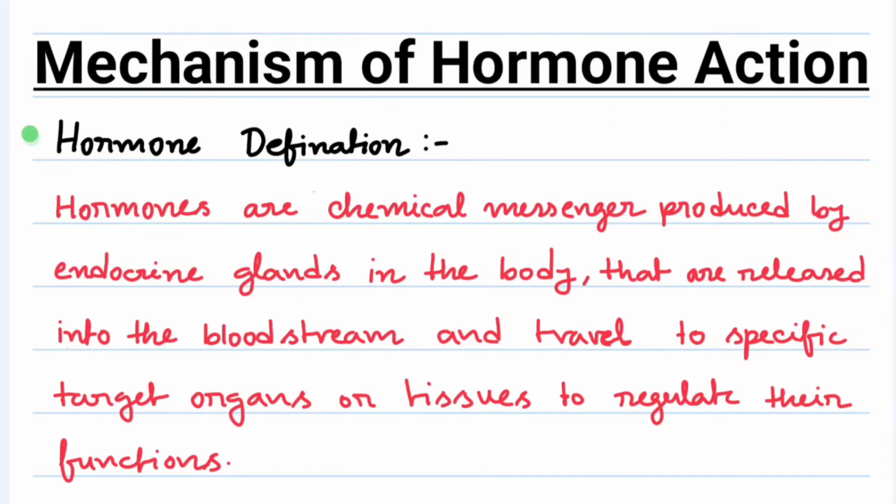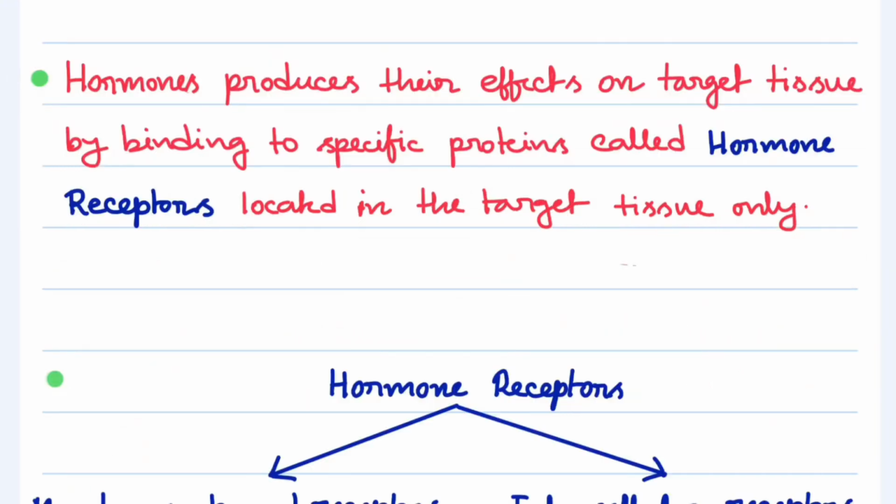Hormones control and coordinate many important processes in the body such as growth, metabolism, reproduction, mood, emotion, etc. So today our main motto is to see how hormones do their function in the target organs.